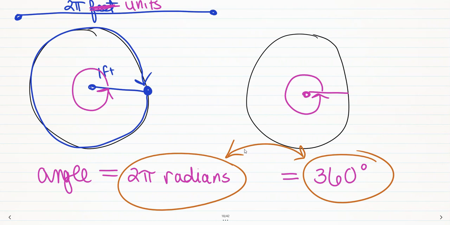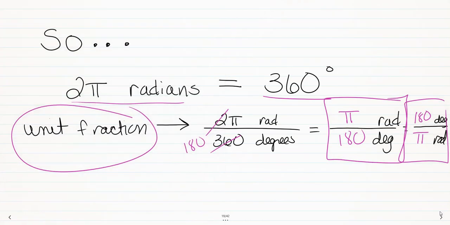We can use this fact that 2 pi radians is equal to 360 degrees to write what we call a unit fraction. We could write it 2 pi radians over 360 degrees, and that gives us 1 unit, or 1, because 2 pi radians and 360 degrees are the same.